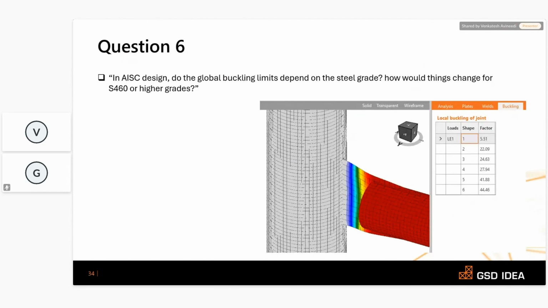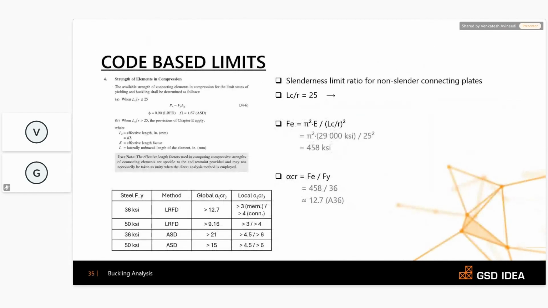I will show you this slide. In the IDEA StatiCa website articles, you can find the global buckling factor limits for some grades like 36 KSI and 50 KSI, like 12.7 and 9.16. But let's understand how it was calculated, so that if you are using a material which was not in the shown grades, you can calculate the buckling limit yourself.